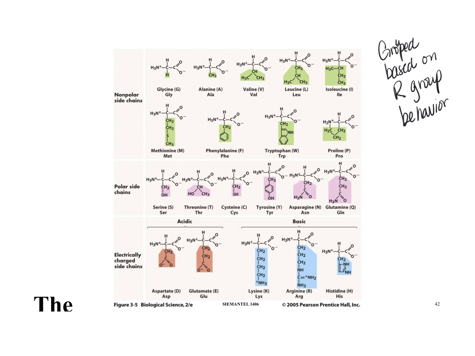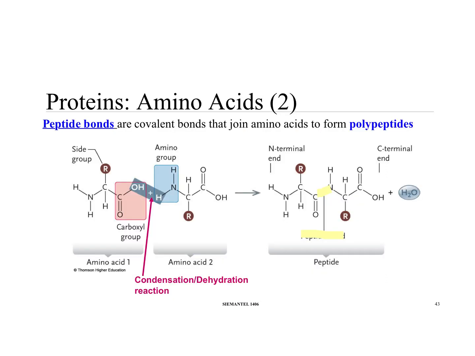Then we have the polar side chain groups, which will all react well in water. And then we have the electrically charged side groups. So these are the R groups that are either overall acidic or overall basic. Okay, so how do we build proteins? Well, we build them by connecting the amino acids using a covalent bond called a peptide bond.